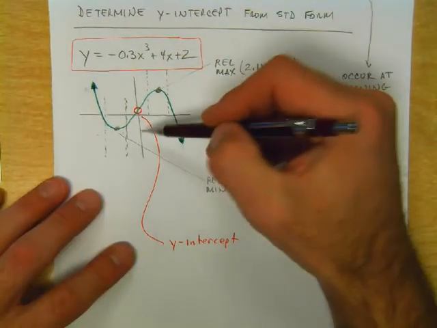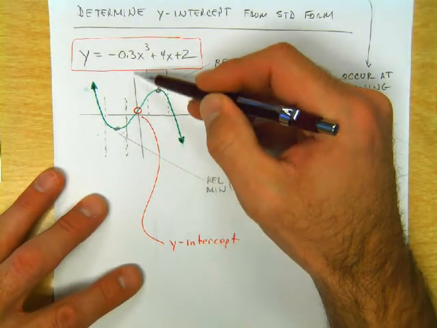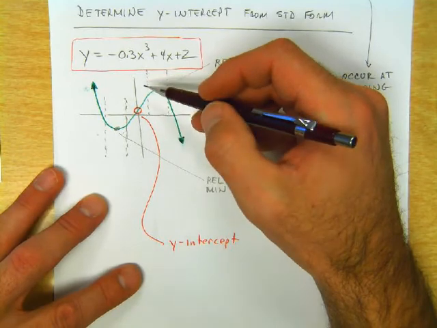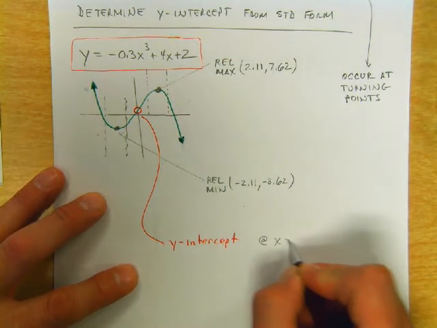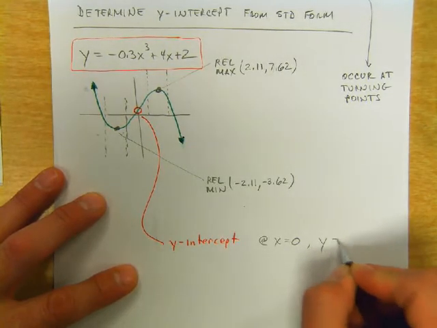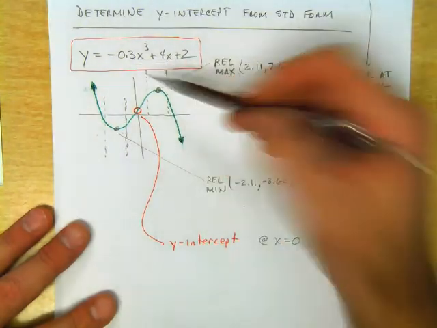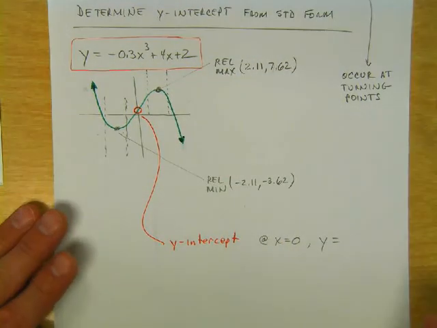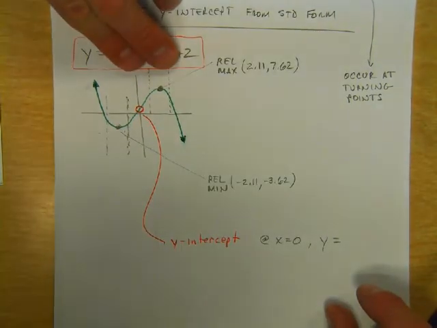When you are on the y-intercept, what is the x value? 0. So at x equals 0, y equals, what happens if you plug x equals 0 into this equation? Well, that goes to 0, that goes to 0, and what's left? 2.